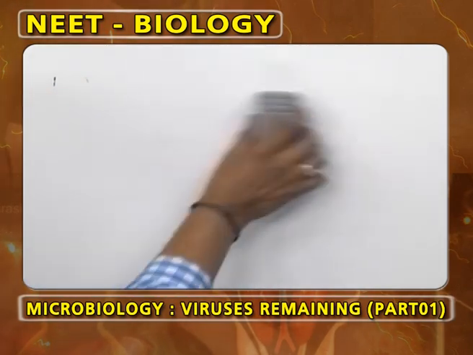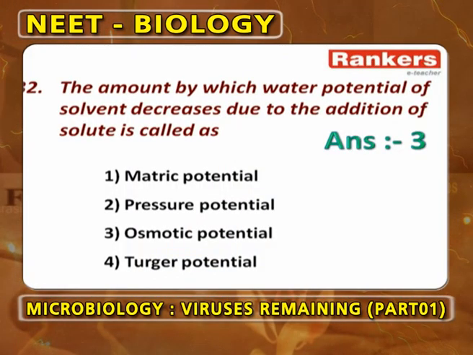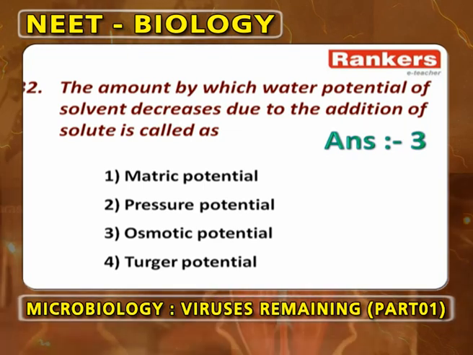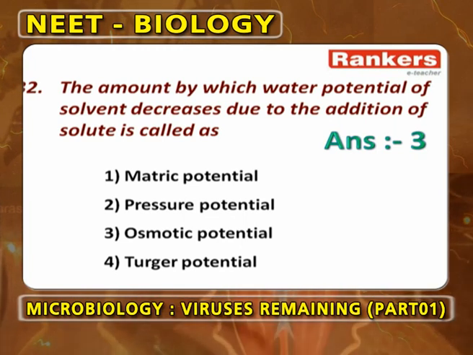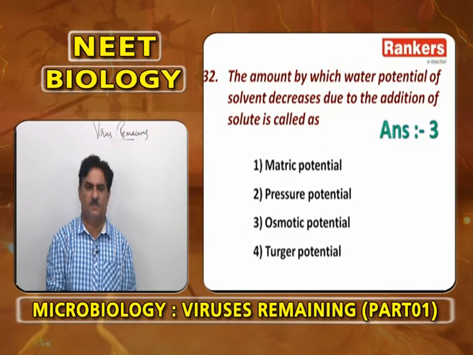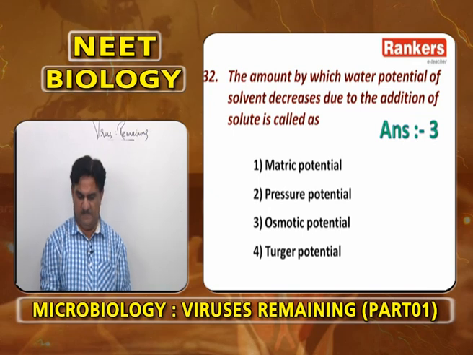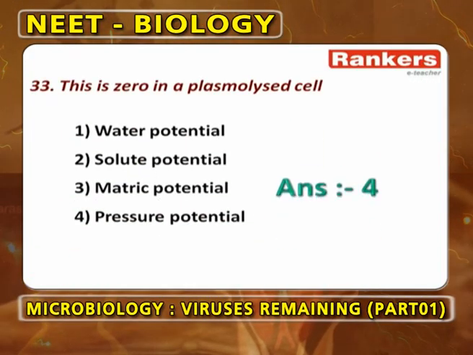So, what is the question here? The amount by which water potential of pure water decreases due to the addition of solute is called not matric potential or pressure potential, but osmotic potential, not turgor potential. So, the answer is osmotic potential.